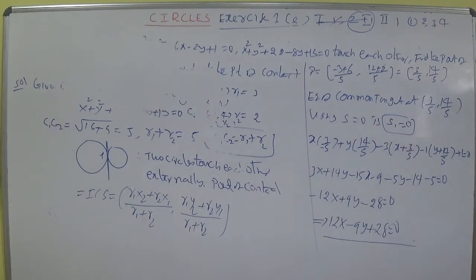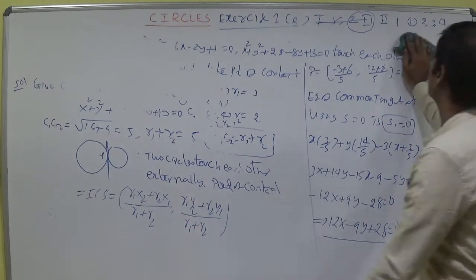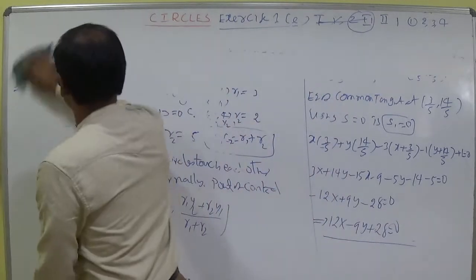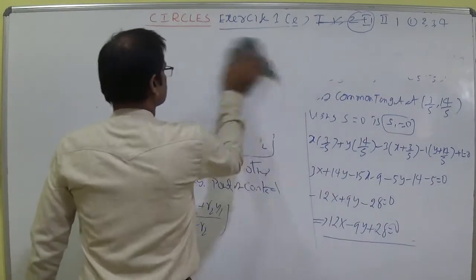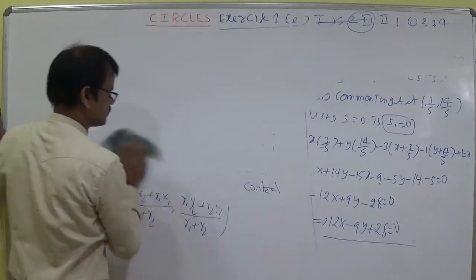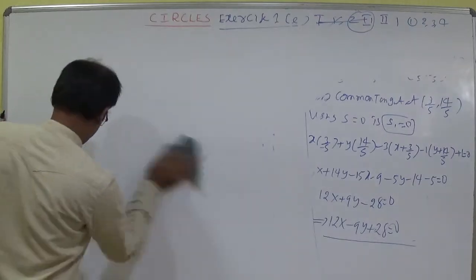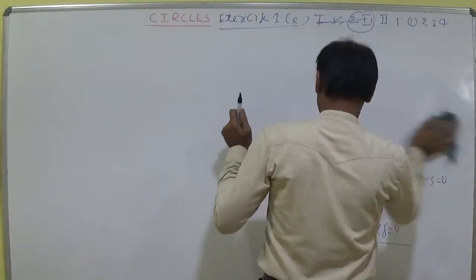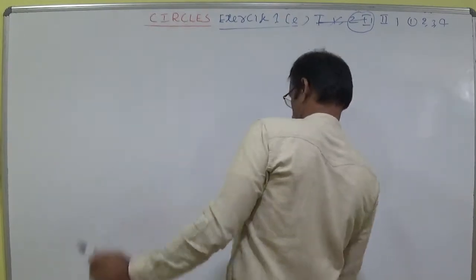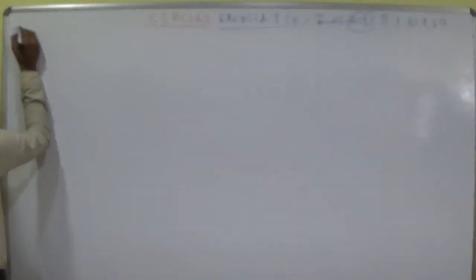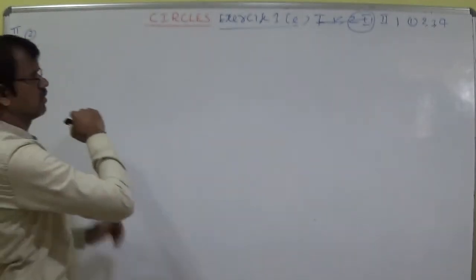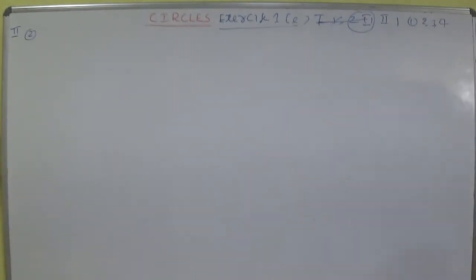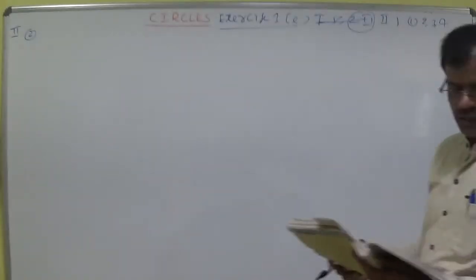Now, I want to discuss with you the 2, 3, 4 sums in Roman number 2, general number 2. Find the equation of circle.